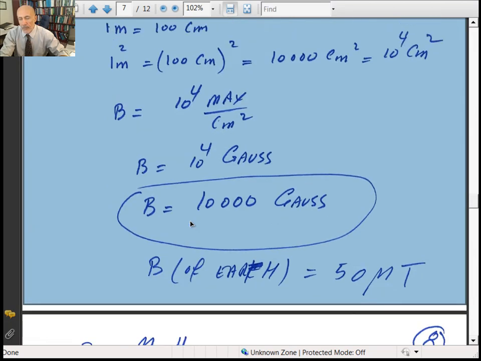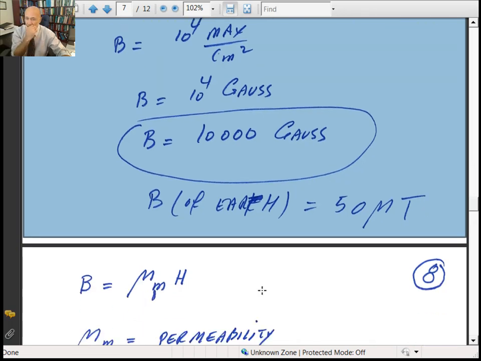Now, the Earth has a very weak magnetic field, about 50 microtesla. So it's extremely small, but if you take Tesla to be 10 to the fourth Gauss, you can see the magnetic flux density B in Gauss would be only a few for Earth.